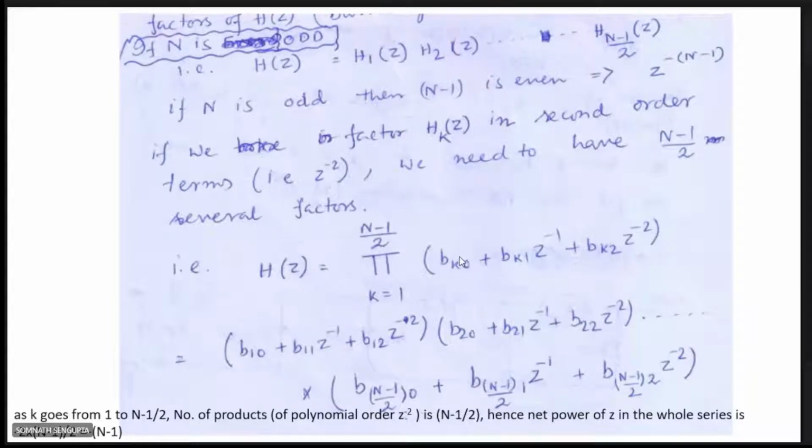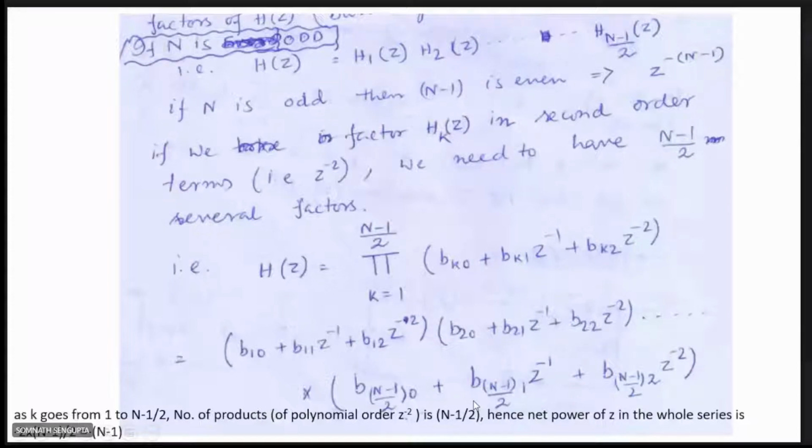So if such terms are there, how many terms do we take? That is k equal to 1 to (n minus 1) by 2. So this many products will be there.